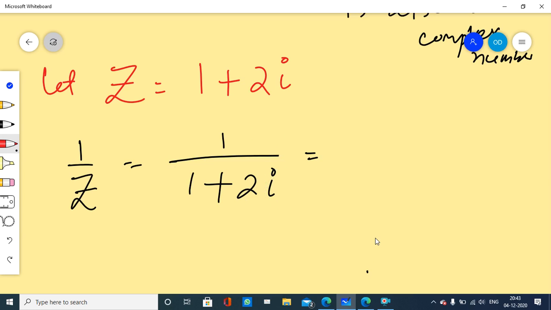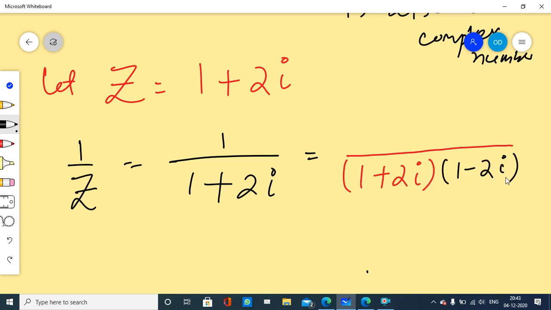This i is causing all the problem on the denominator. No i should be there on the denominator. So how do I do that? I will simply multiply the conjugate of the denominator. What is the conjugate of 1 plus 2i? 1 minus 2i, right?